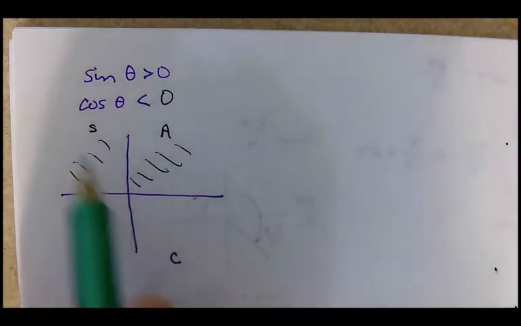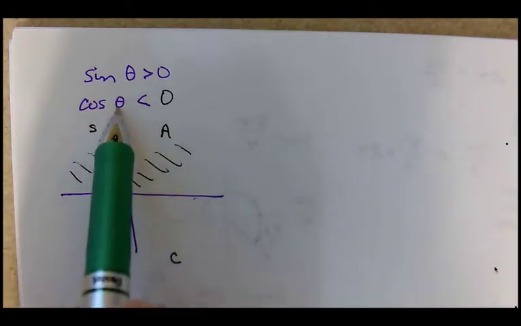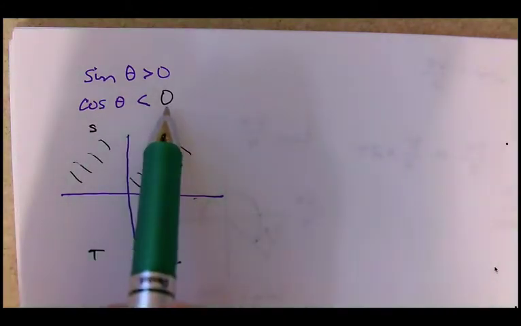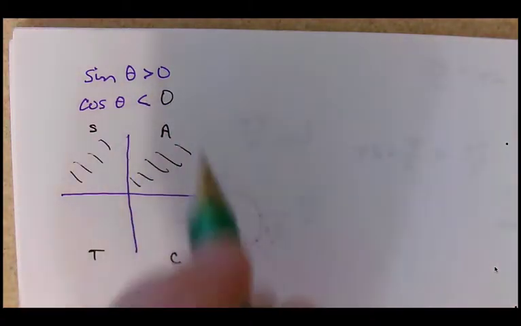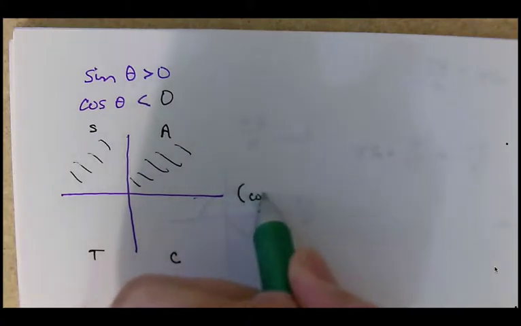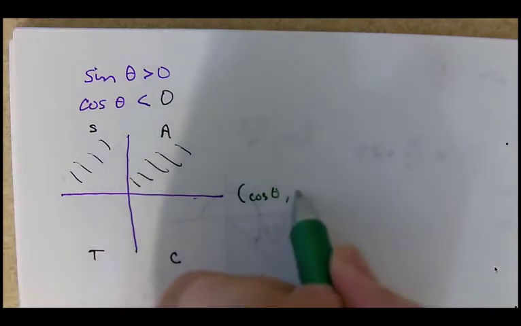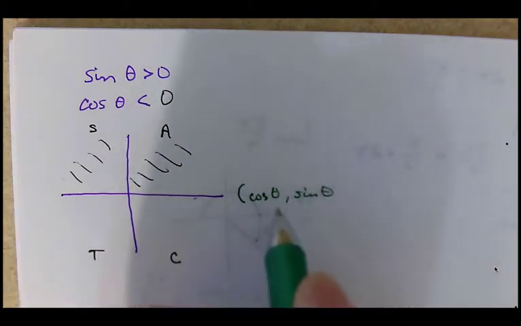Now, for cosine, we know that the value has to be less than 0. Well, what is cosine on the axis? We know that cosine is our x values, and our sine is our y values.